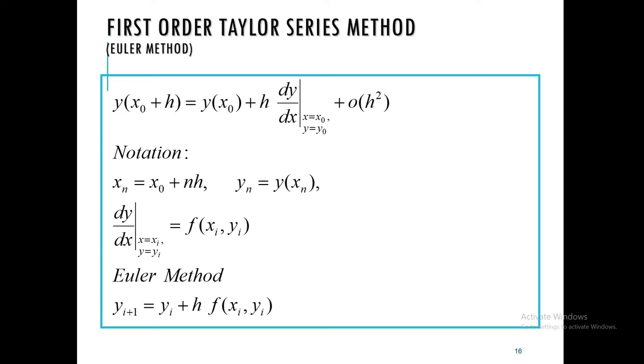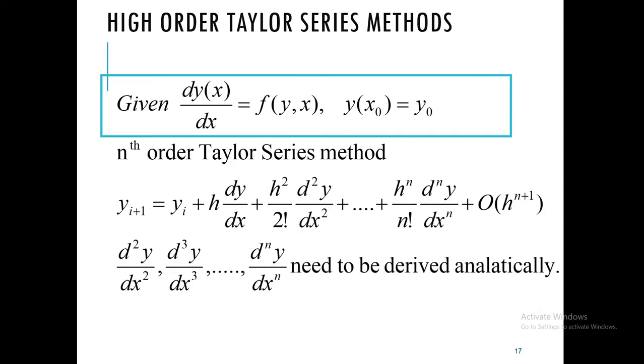So the Euler's formula is just the first order Taylor series approximation method. In other words, we approximate at the first order. First order means first order of differentiation, and then all other terms have been classified as error or truncation error. Do you understand? Very good. So in general, if we are given any order of expansion for the Taylor series, then this is what we're going to use.